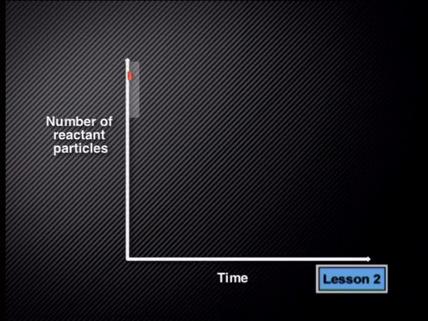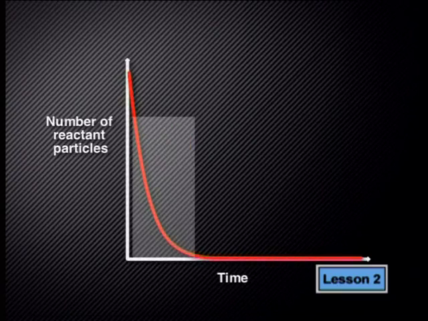It will be clearer if we represent the changes in the number of reactant particles on a graph. At the start, the number of reactant particles is initially high, but in a very short time, the number of particles of reactants decreases.